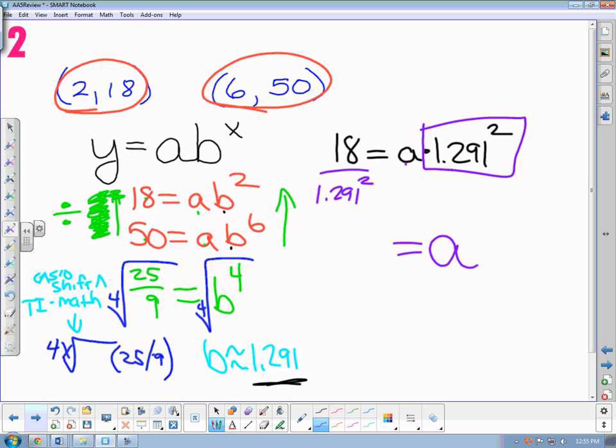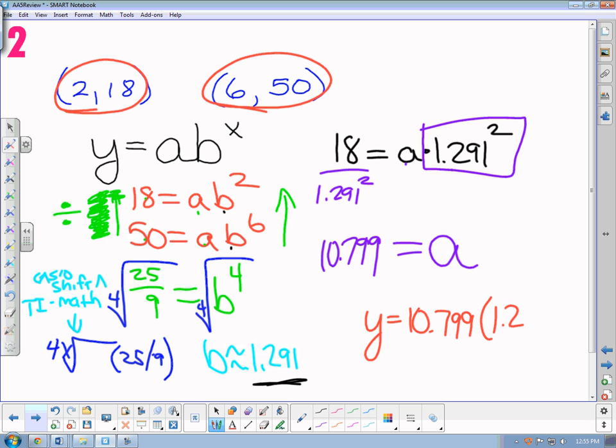And so a equals 10.799. And finally, your equation would be y equals 10.799 times 1.291 to the x.